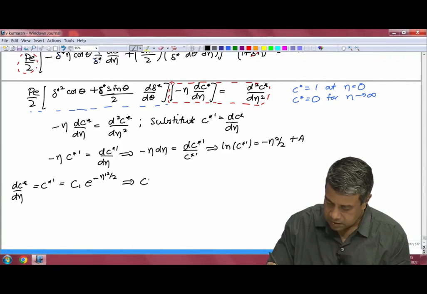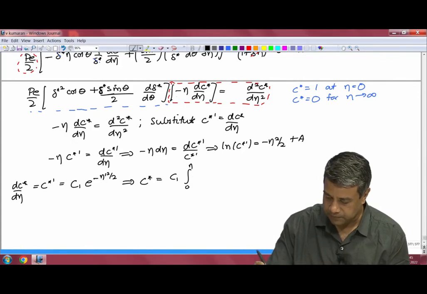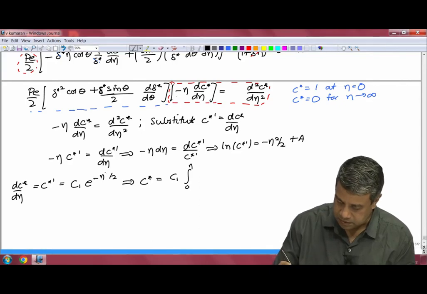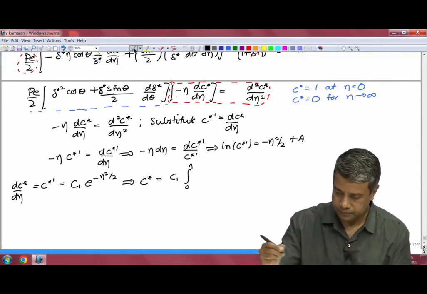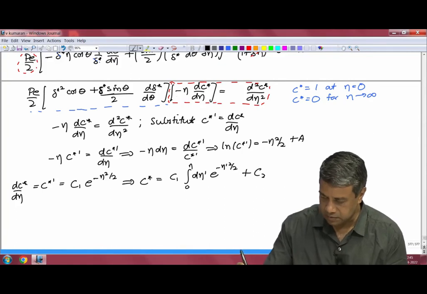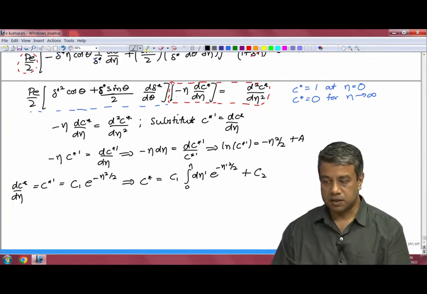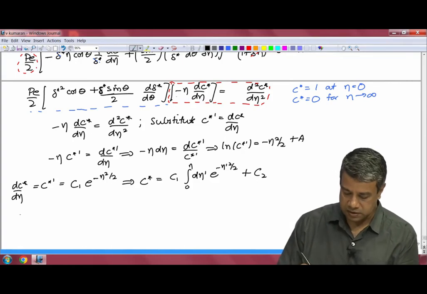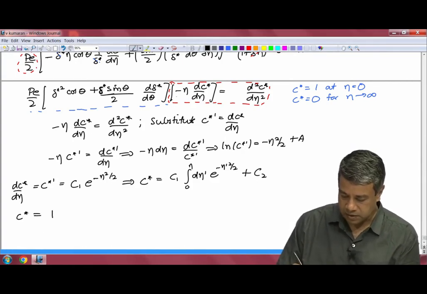Implies that c star is equal to c1 integral 0 to eta, d eta prime e power minus eta prime square by 2, plus some constant c2. The boundary conditions, c star is 1 at eta equals 0, c star is 0 as eta goes to infinity, fix these two constants. And the final expression is 1 minus integral 0 to eta.